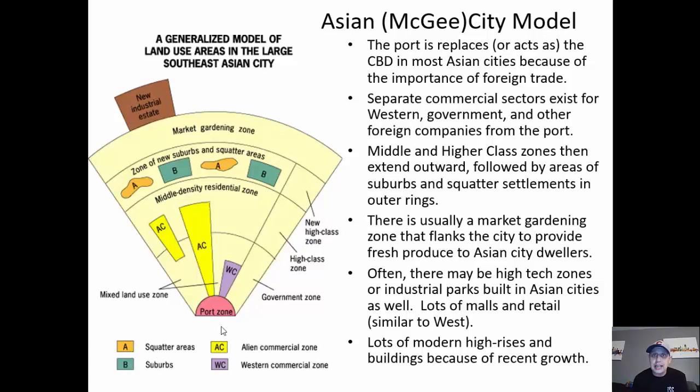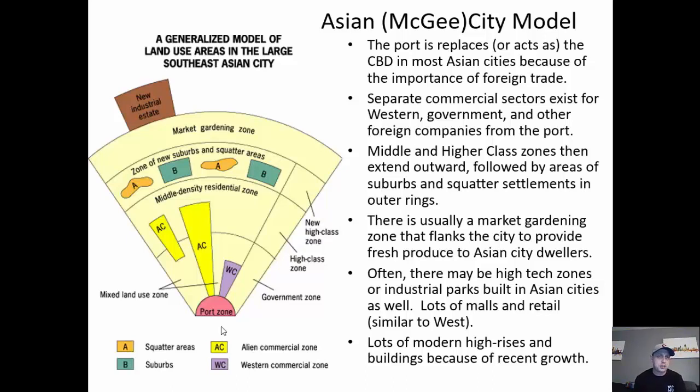And then finally, you're going to get what's called a foreign port, all right, as well. Foreign port areas are usually for companies that are not located in the United States or Europe, but are located in other Asian countries, so that there's a spot for Asian businesses to locate as well. So again, you're not going to have the traditional CBD.